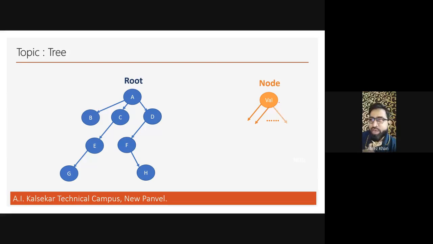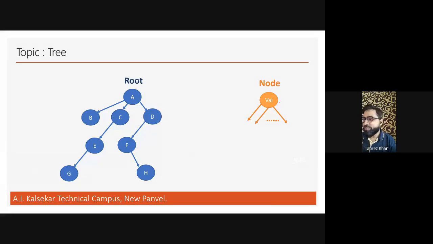So we can have n number of children for a specific node in a tree, and that's why I'm showing it with the help of dot dot dot. So this is how a node is represented in your non-linear data structure, whether it's a tree or a graph.